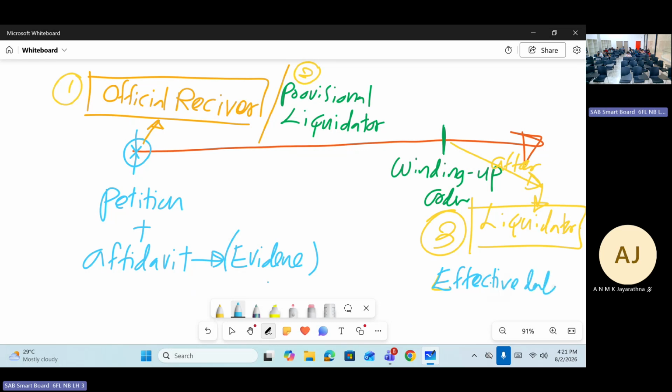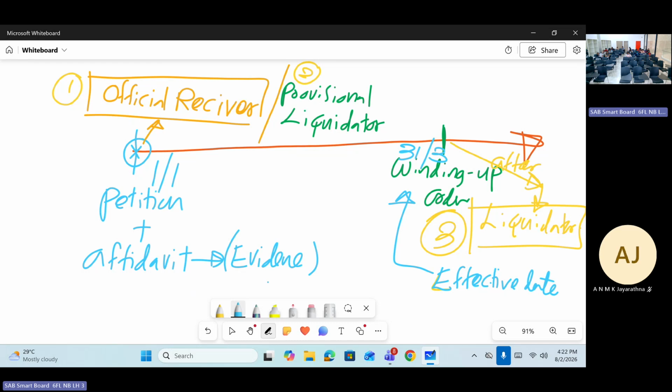Now suppose the petition is filed on 1st of January. After considering the evidence, the winding up order is given on 31st of March. So what is the effective date of this winding up? That is very important.